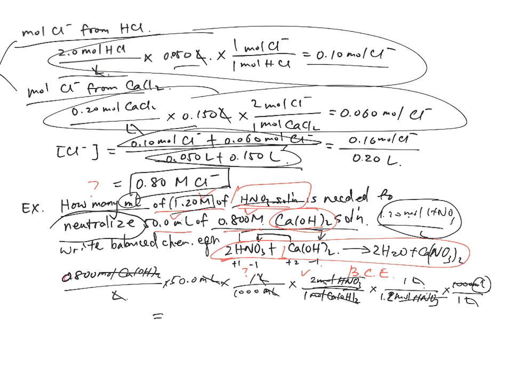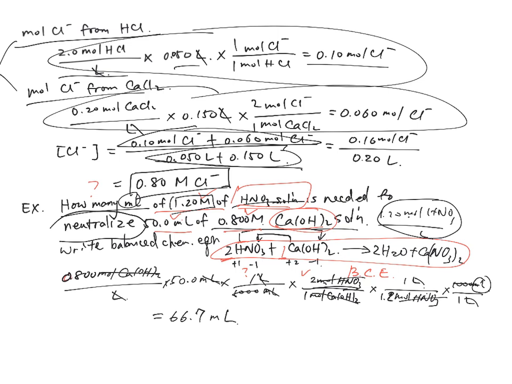The 1,000 cancel each other, and divide by 1.2. 66.7. Keep my 3 sig figs, milliliter. So I would need about 67 milliliter of the 1.2 molar nitric acid solution to neutralize 50 milliliter of 0.800 molar calcium hydroxide solution.